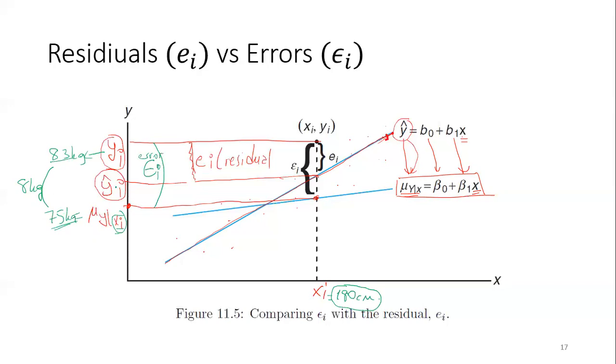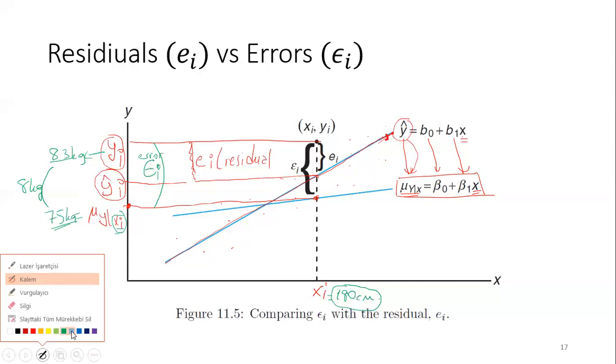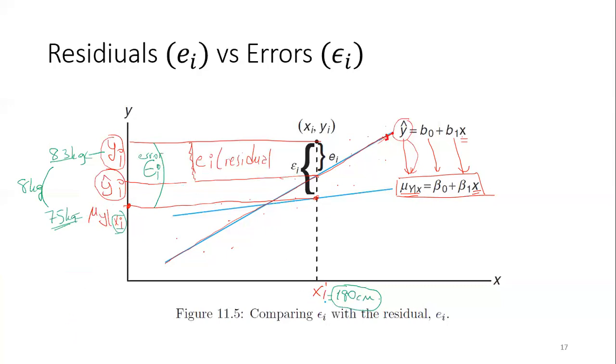And what is y hat? There is some data we just collected from the class, and this is the predicted line. Let's assume it predicts the average weight of people who are 180 centimeters tall as, let's say, 79 kilograms.